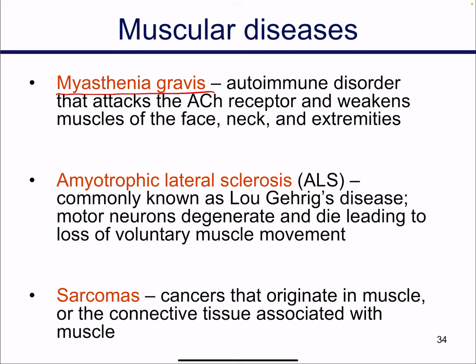So as the acetylcholine receptors are inactivated or destroyed, there is no more binding site for acetylcholine, which means there is no transduction signal in the cell, which means no calcium is going to be released, and no calcium means no contraction.